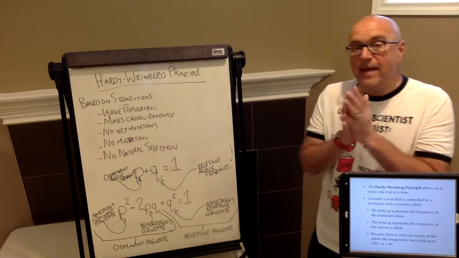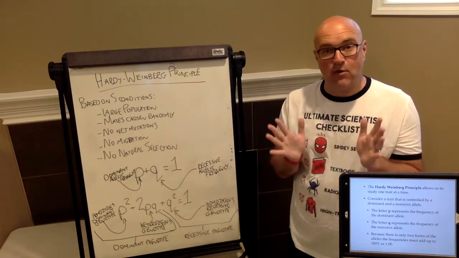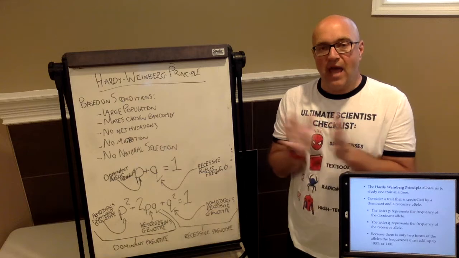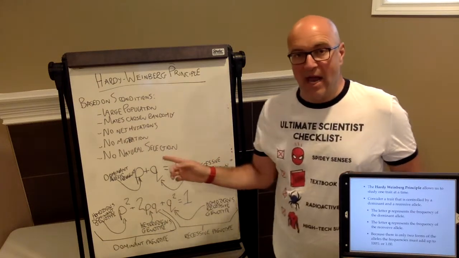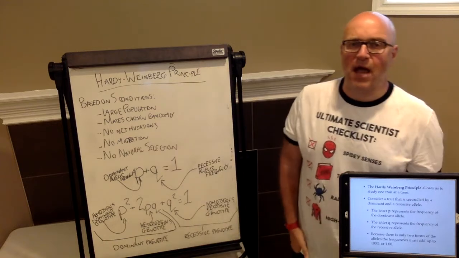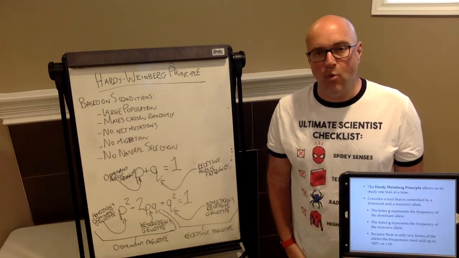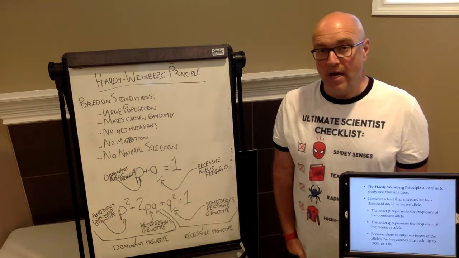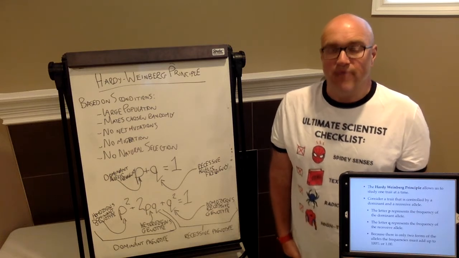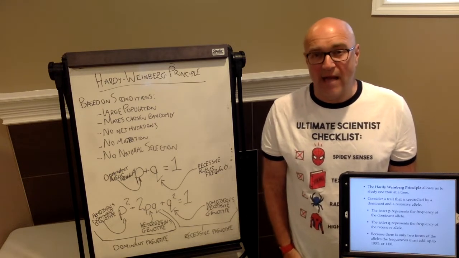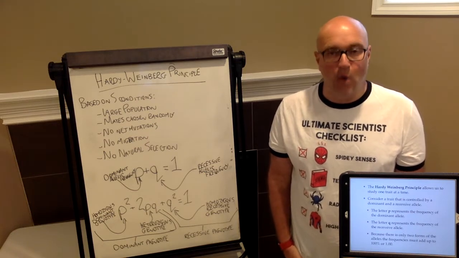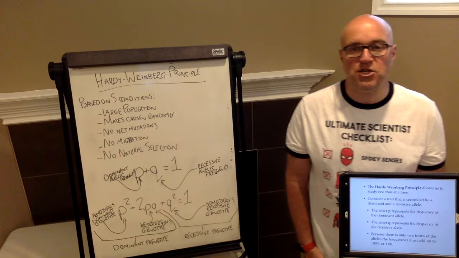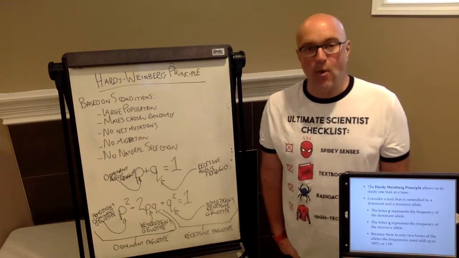But, and that's the other thing you got to remember about these equations, they always have to equal 1. If you get numbers that add up to more than 100, or more than 1, let's say you calculate all your frequencies and you get a number of 1.05, or you get a number of 0.95, that means that population is not exactly in Hardy-Weinberg equilibrium. If all the frequencies add up to 1, then you know that this population is actually in Hardy-Weinberg equilibrium.